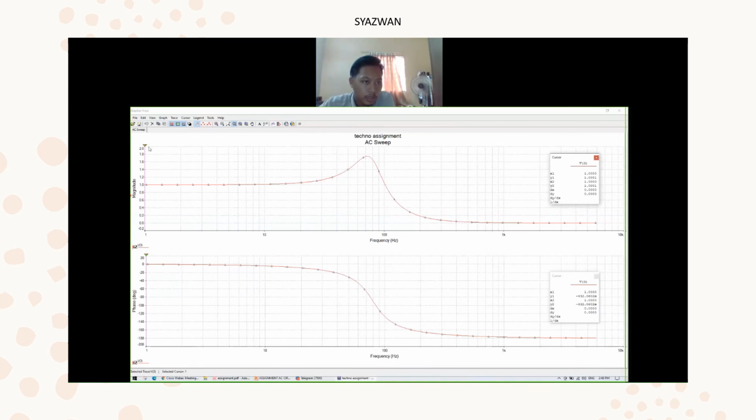We move this line to 79.5, and then at the phase, we also move this line to 79.5. So we can see here that the line is the same line. So that proves that the frequency theory is correct.